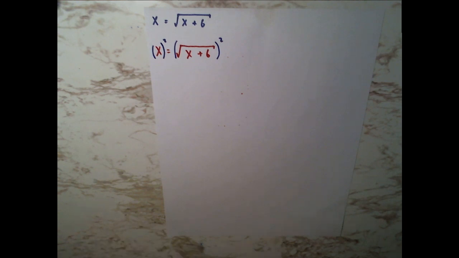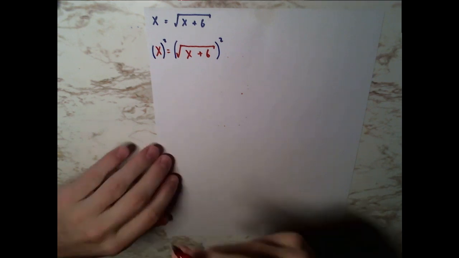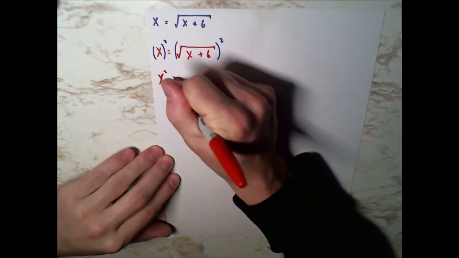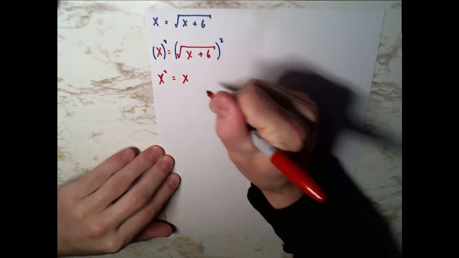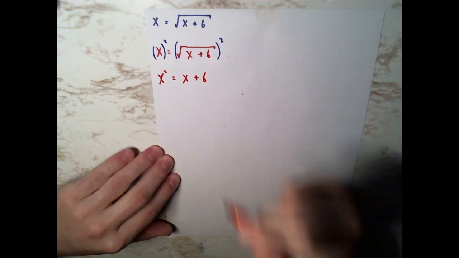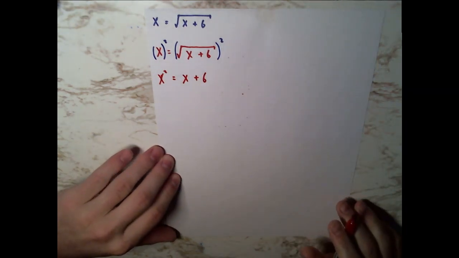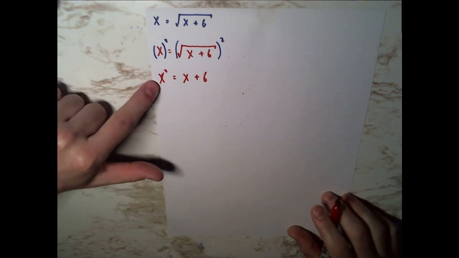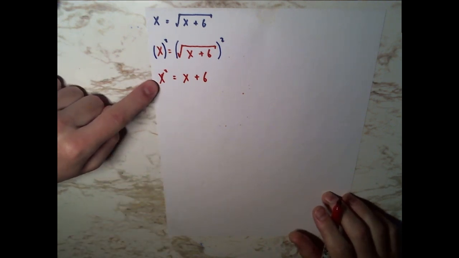So that simplifies down to x squared equals x plus 6. And now we successfully got rid of our root, but we have this x squared term. So pretty much what that means is we have a quadratic equation.